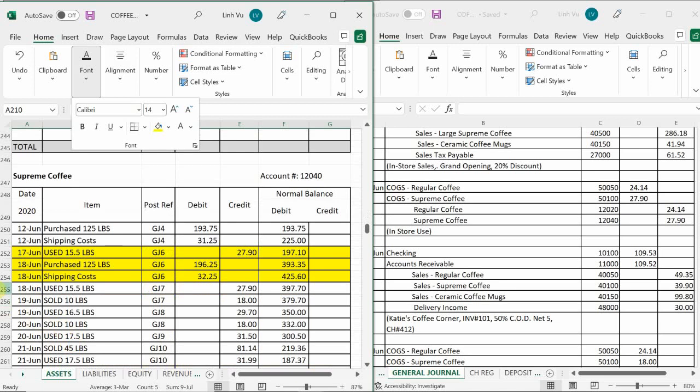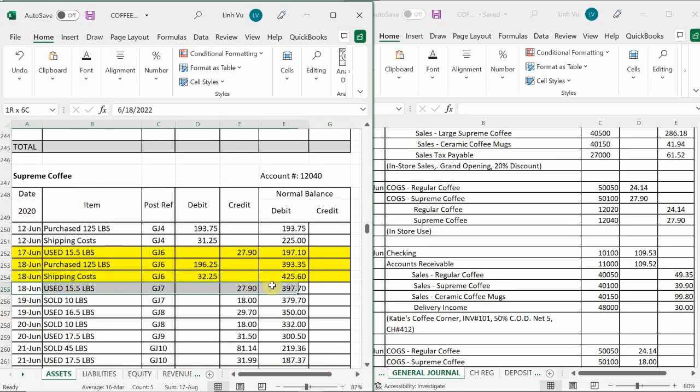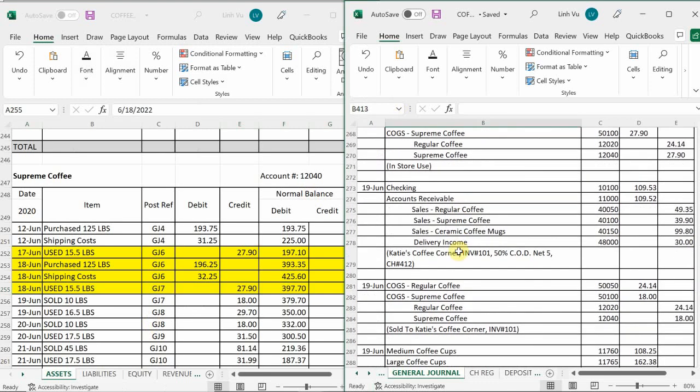And the $27.90 is here. Okay. So that's there. Now we've got to do another one where we had to do a checking, accounts receivable, and we sold coffee.